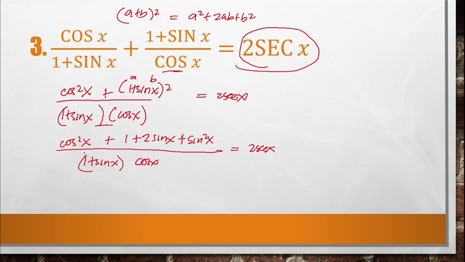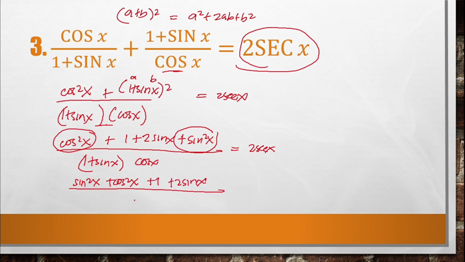So if we're going to have this part combine here, this is equal to sine squared x plus cos squared x plus 1 plus 2 sine x over 1 plus sine x, and we have here cos x. Our goal is 2 sec x. So sine squared plus cos squared, this is an identity that's equal to 1.